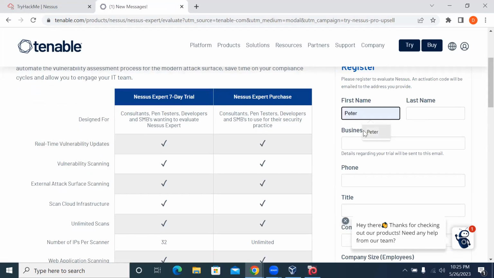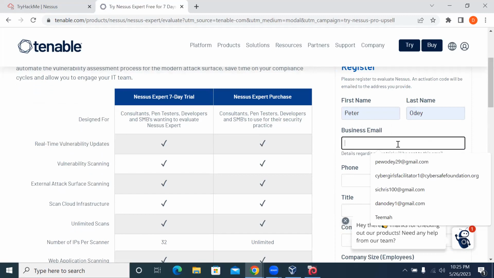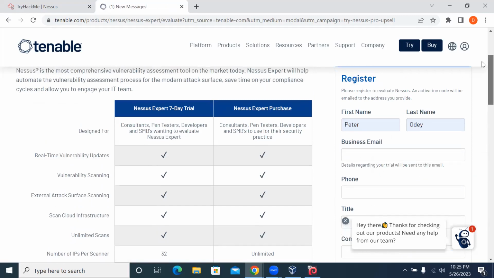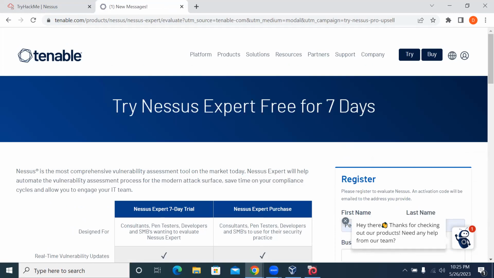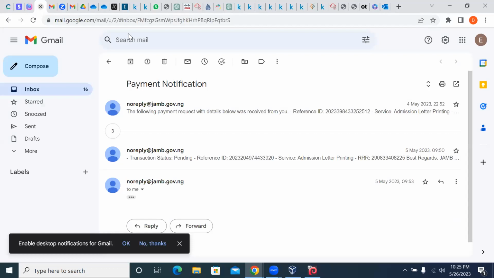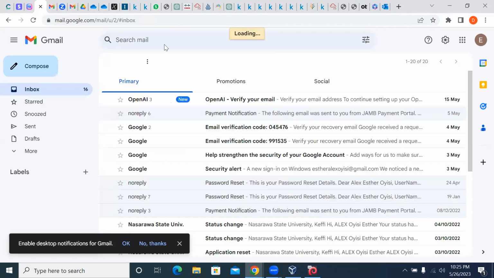So you can go ahead and fill in the information you need here. I think I have done this before, but I wouldn't do that again. Let me just check in my email if I have that before now. Nexus. I still have it, so that we try to see how we can use that.